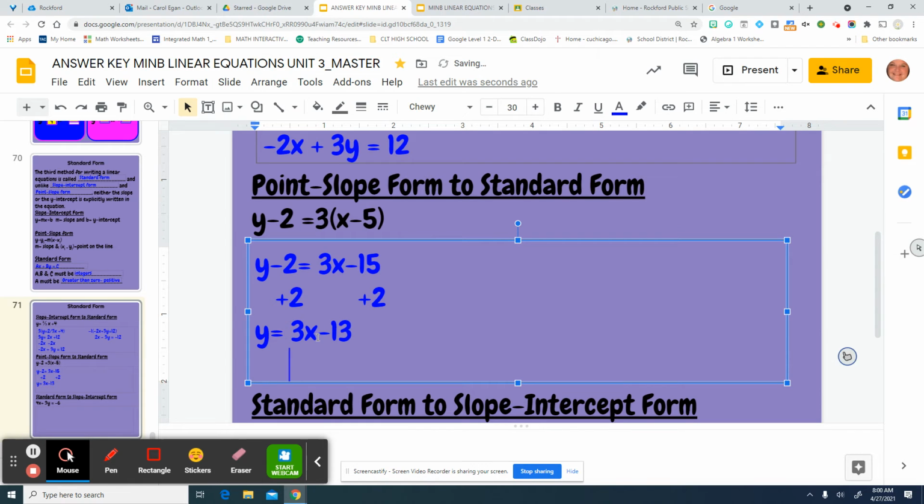And then you can already tell we're going to have the same situation with the x when we subtract 3x from both sides. We're going to wind up with a negative a, and we're not allowed to have that in standard form. So we'll have negative 3x plus y equals negative 13.